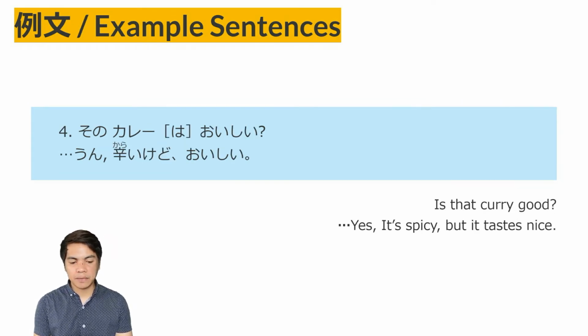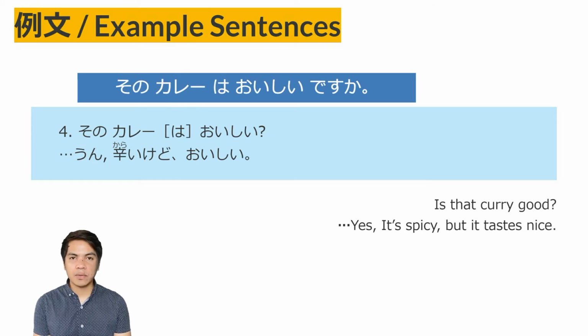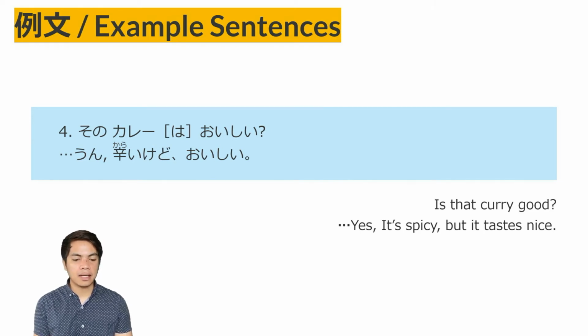Example sentence number 4. Sono kare oishii? Karai kedo oishii. The polite sentence is sono kare wa oishii desu ka? So once again, when it comes to polite style for i adjectives, just remove desu. Then question mark. Oishii? Karai kedo.